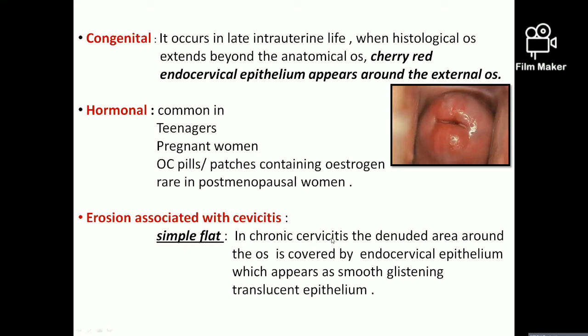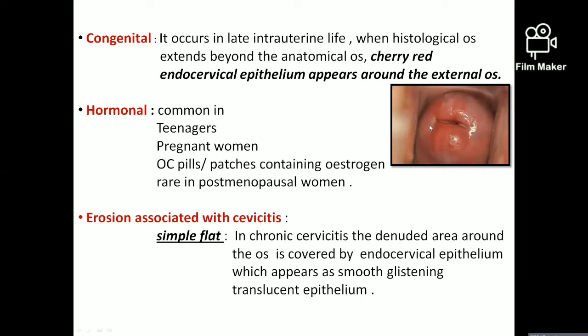In chronic cervicitis, the denuded area around the os is covered by endocervical epithelium, which appears as smooth, glistening, translucent epithelium. In chronic cervicitis, the alkaline discharge occurs continuously, which causes maceration and desquamation of squamous epithelium, and it denudes the area of epithelium around the external os.